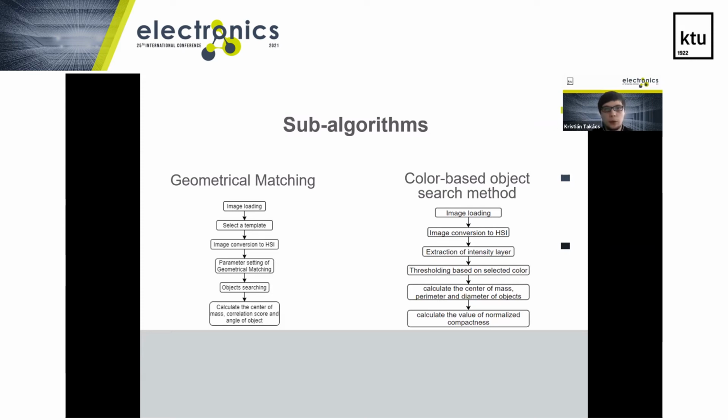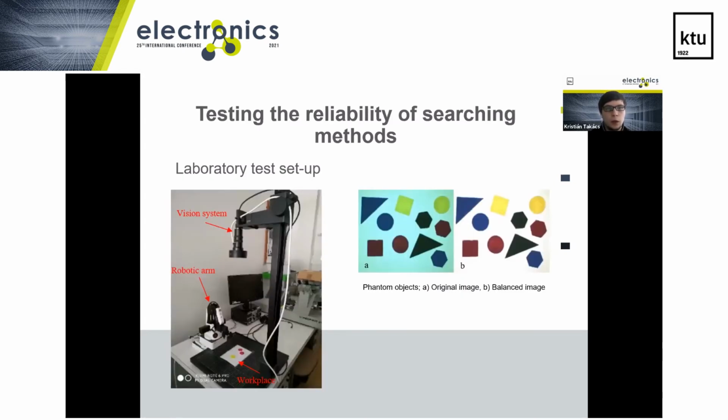If the position of each color in the hue layer is known, then the subalgorithm can execute the global thresholding of this layer to detect the object of a specific color. After a basic morphological operation, the subalgorithm computes the center of mass of each object.